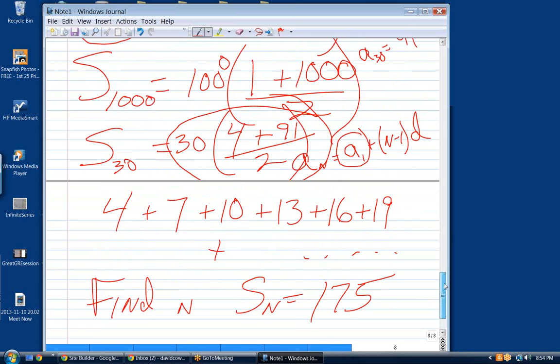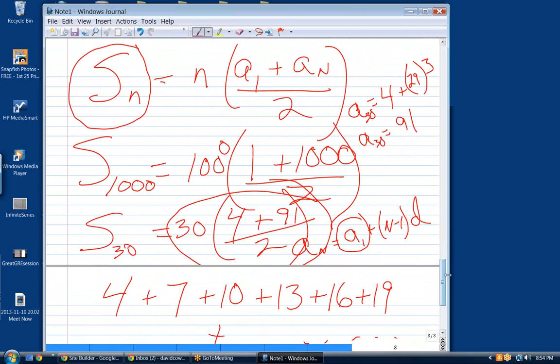Okay, so we have to go back to the original equation. You always want to go to the general equation, which I've just checked at the top of this page. This is the general equation.